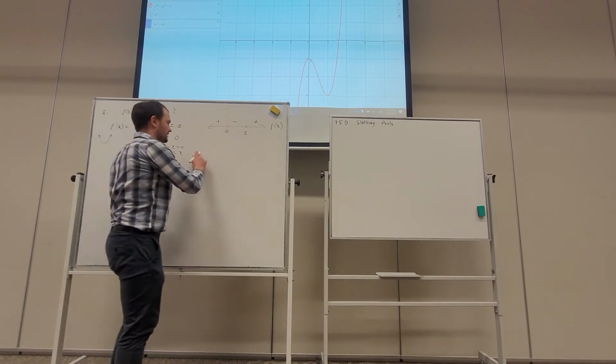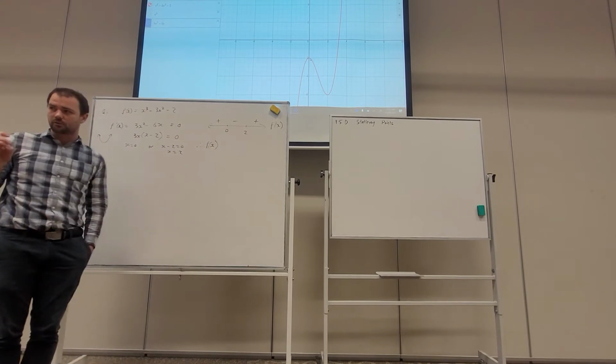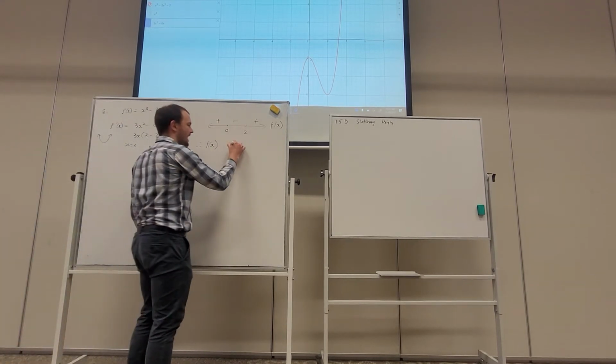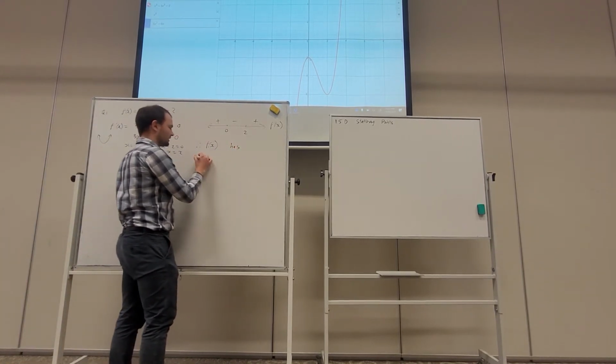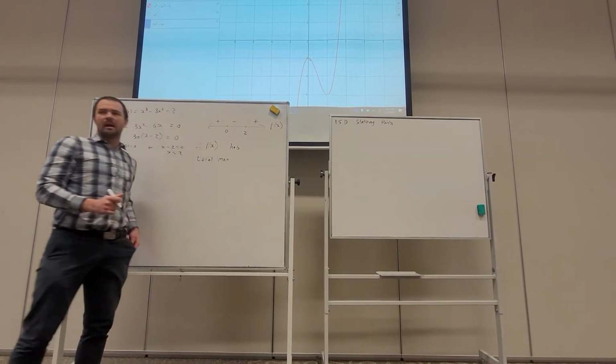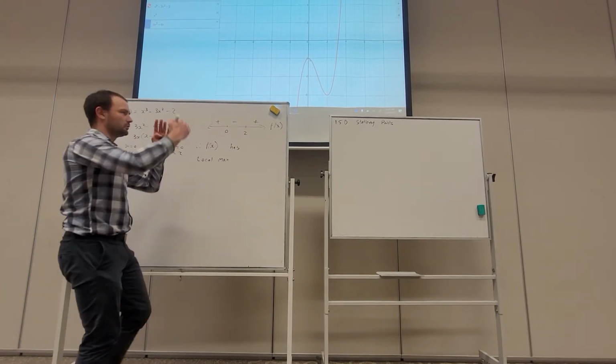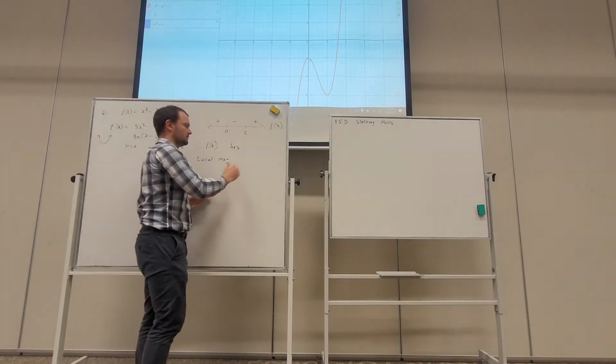We're going to say, therefore, f of x, the original function we're talking about, has a local max. We call it a local max because it's not the highest value of the function, it's just the highest value within the region, within the domain we're talking about.